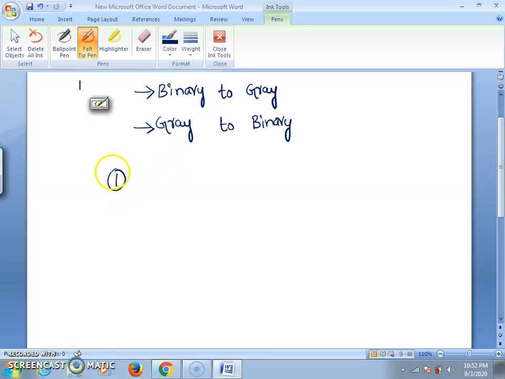First one, binary to gray. I am taking the binary number like this. This is the binary number I have taken, for example, and I need to convert this binary number into a gray number.